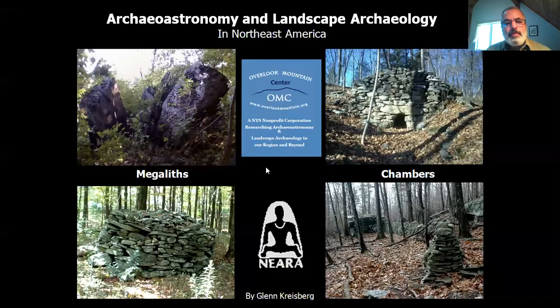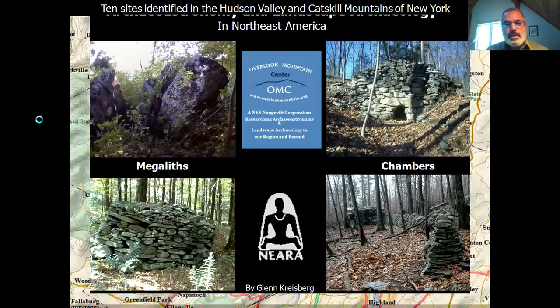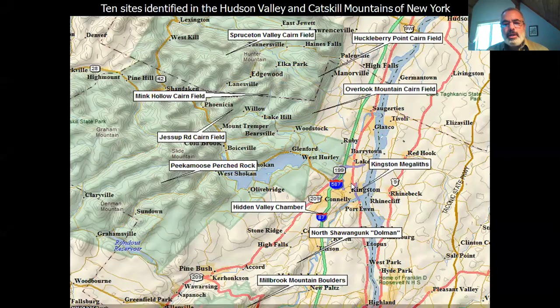I'm going to go ahead and share my screen again, and we're going to look today at a site along the Hudson River known as the Kingston Megaliths. We are going to begin by looking at the location here on the banks of the Hudson River, right by the mouth of the Rondout Creek, where it empties by Kingston, New York.